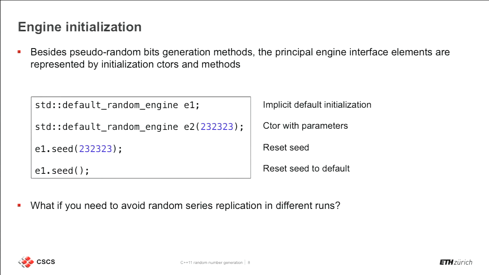Oh yes, I think this is interesting. What if you want to make different runs and every time you want to produce different random numbers? This is something that you always need if you're trying to do some real world calculation, for example random Monte Carlo integration or something like that. For different runs, you need different sequences of random numbers.